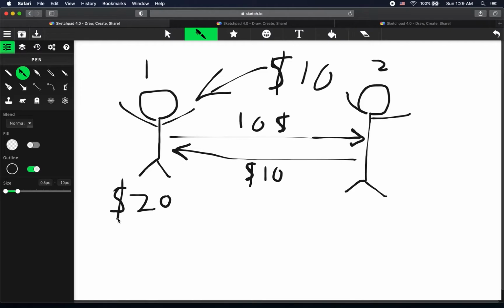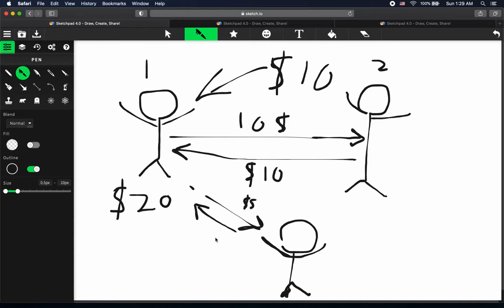That is, if we have a third person that cannot participate as much in this trading, who only earns half the amount and has half the trading rate. So they earn $5 and spend $5 when the other guys are going back and forth with $10.